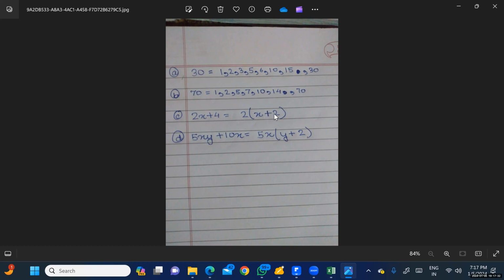Himangi, what should be the factors over here? Sir, in the 2x plus 4, 2 and x. Yeah, because 2 and x, right? Which is common, you will not take. You just take one once. And here it will be 5xy, correct?